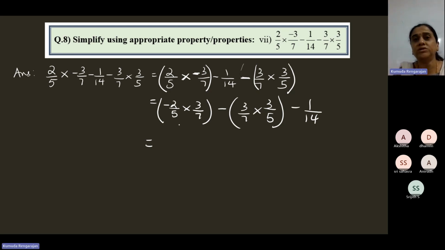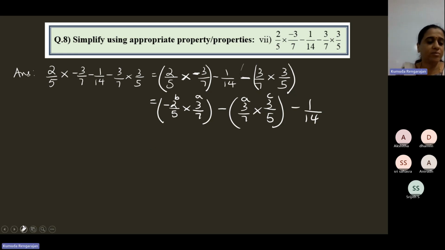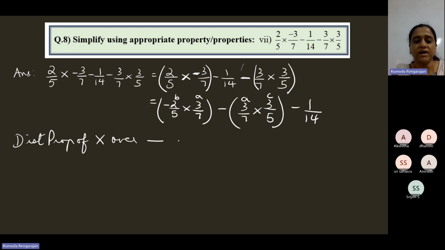Now you can use the distributive property of multiplication over subtraction. This is common. So A, this is common, A. This is B, this is C. A into B minus A into C is equal to, if you want, I can write the property here. The distributive property of multiplication over subtraction. What is that?